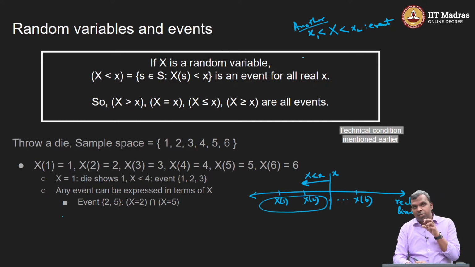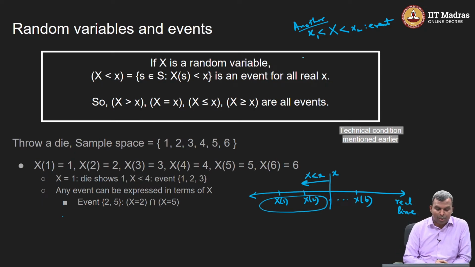So once you have a random variable, limiting the range of values of the random variable to a particular interval or a subset or any other thing gives you an event. That's what's nice about random variables and the connection that they give to events. So once you understand the distribution of the random variable well, you can keep finding probabilities of events and all. So keep that in mind.